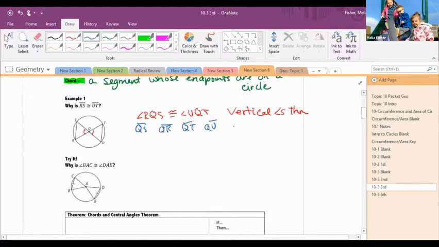Okay, and so they're all radii, so they're all congruent. So now that tells me that triangle SQR and triangle TQU, what about those?